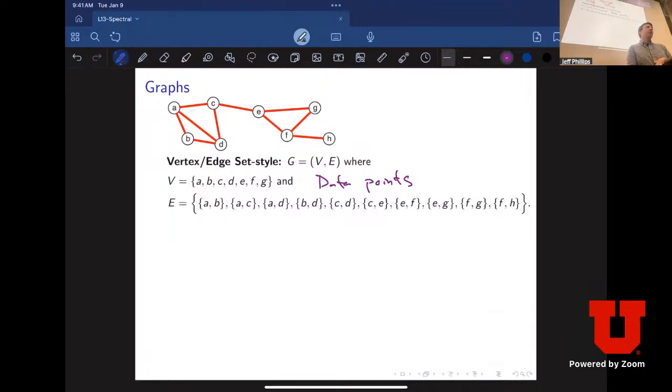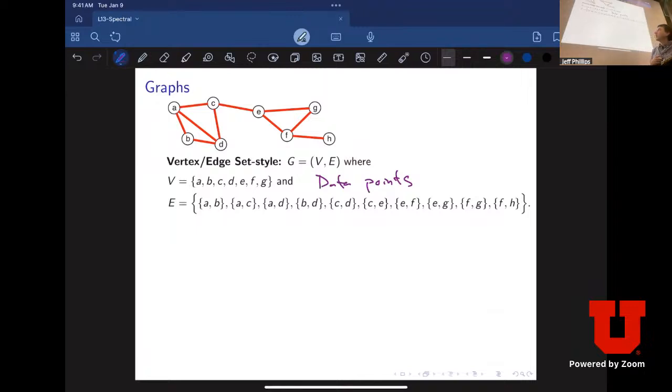We'll be measuring the similarity or the distance using the edges. We'll somehow need to use the edges to determine how close things are. It's worth pointing out that in this representation, we'll think of the vertices as a set, similar to the data points before.